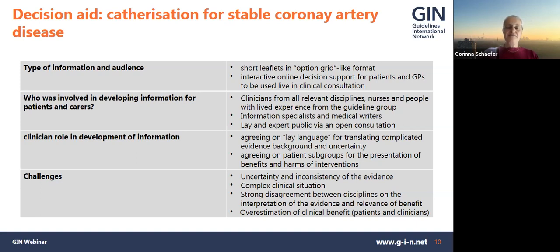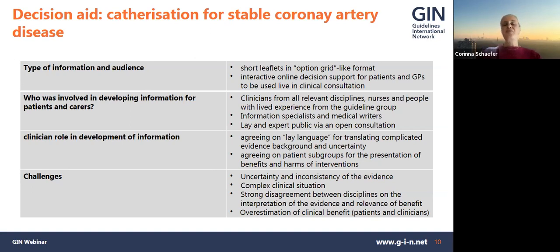And here, if you as a patient have to decide whether or not you want a cardiac catheterization, you have to understand the harms and benefits of cardiac surgery, so bypass surgery, or of stenting. And if you don't understand that, you cannot say whether you think it's worth having the risk of this intervention of the cardiac catheterization.